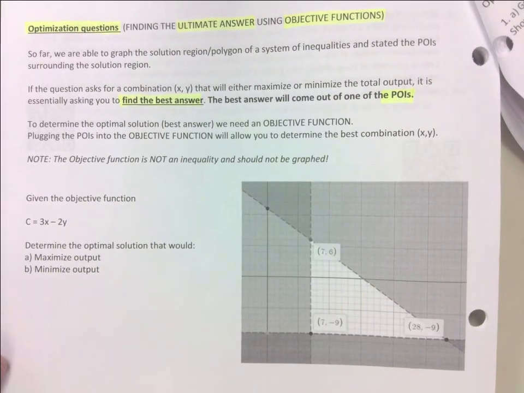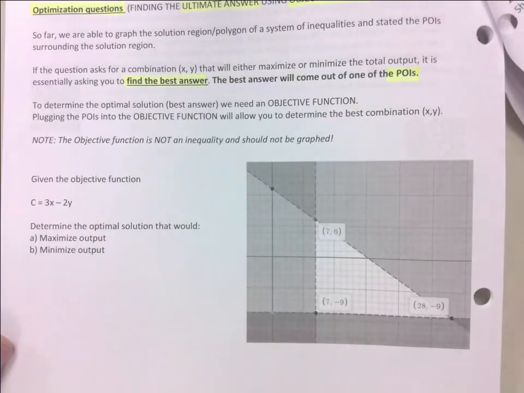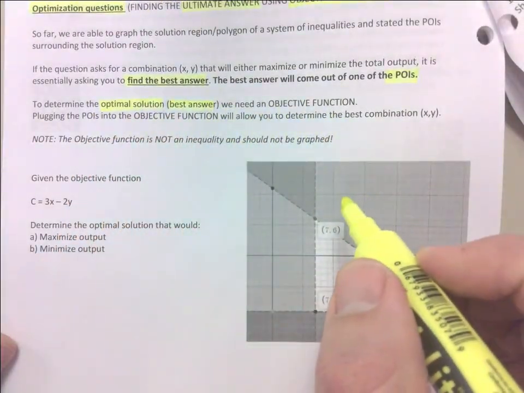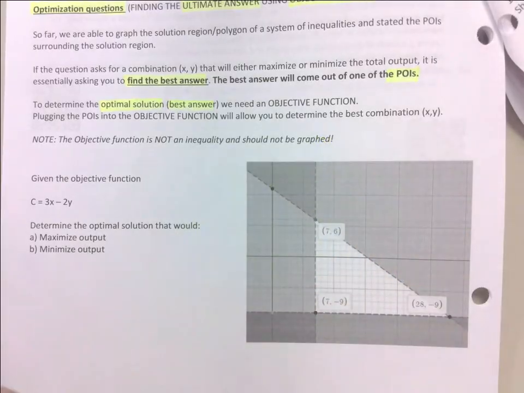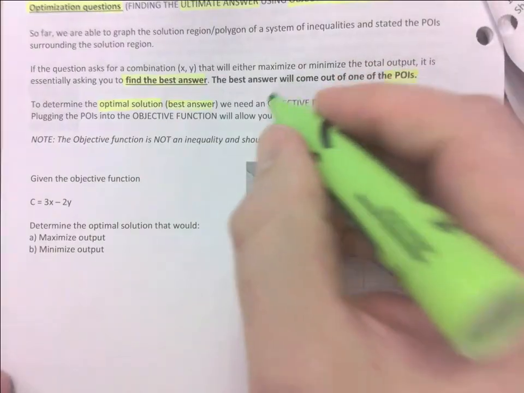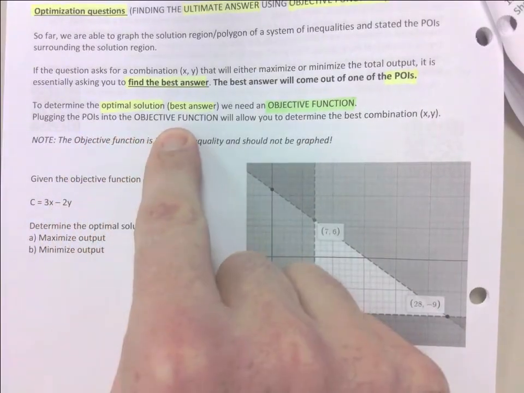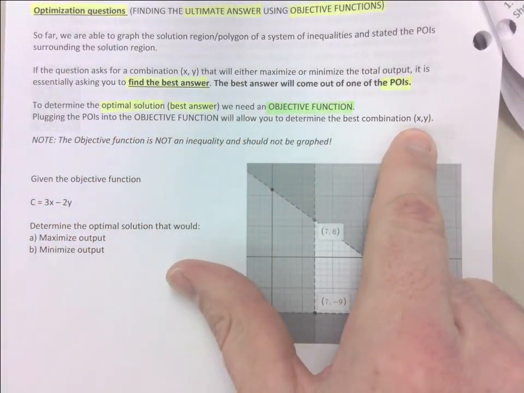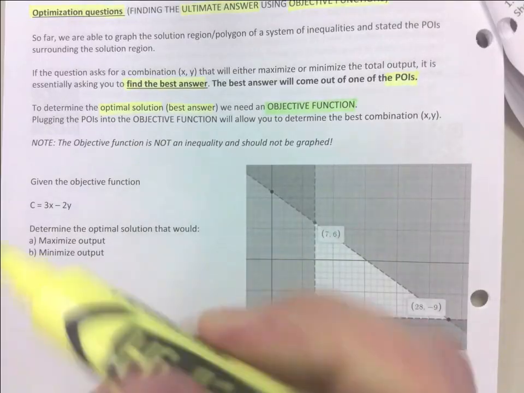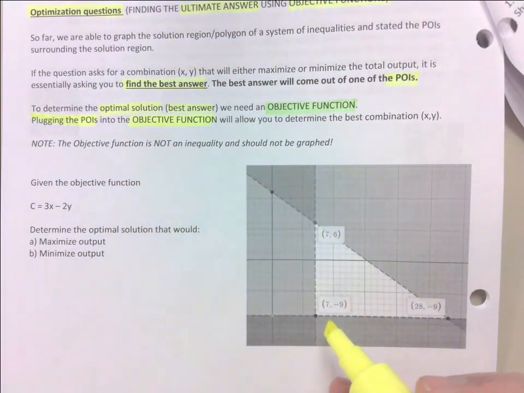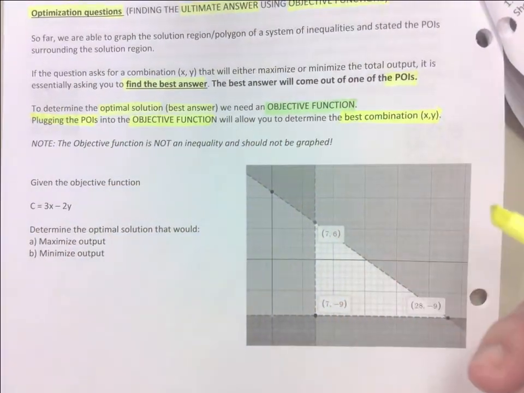To get the optimal solution, the best answer, we need the objective function. Plugging the POIs into the objective function will allow us to determine the best combination, the optimal solution.